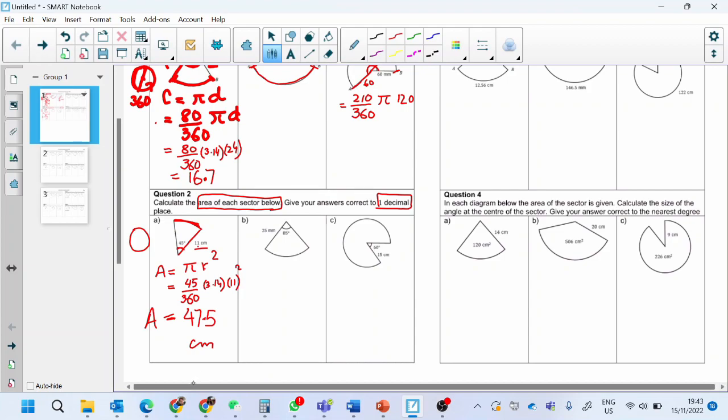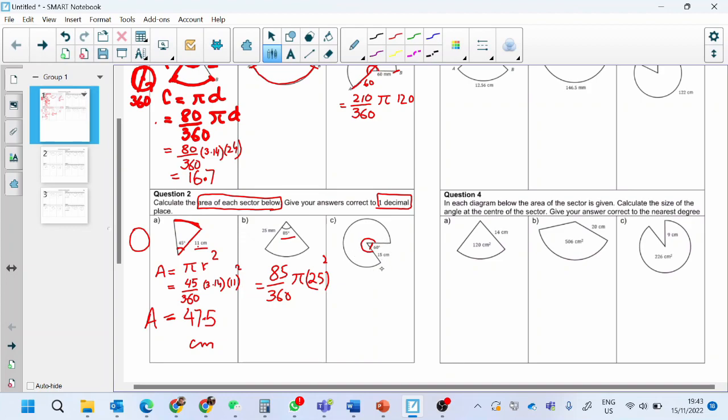In the same way, you can solve other questions. Here you see 85, so 85 out of 360 times pi times the radius 25 squared, to find the area. In this one the angle given is 60, but we need the angle inside.